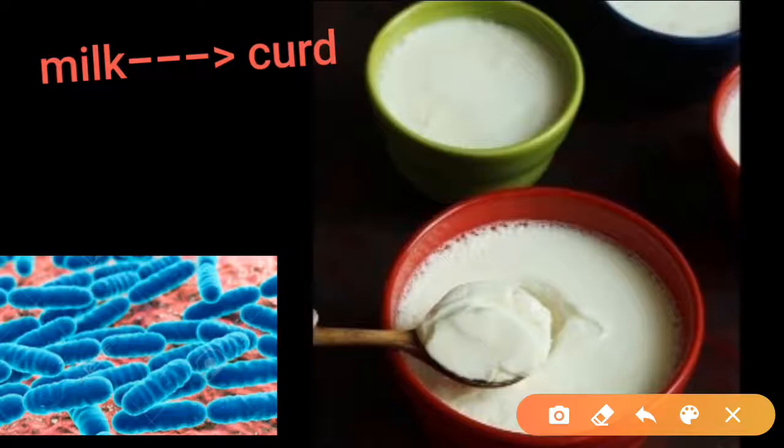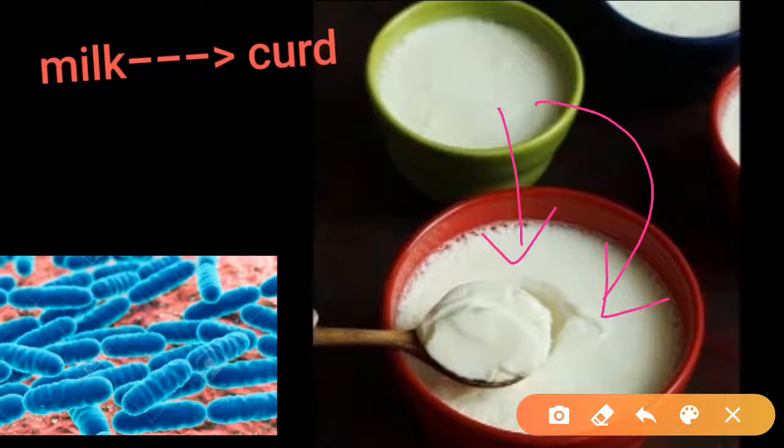Yeah, next one. The next example, curdling of milk. Curdling of milk is also a chemical change. Why? Let me see. Milk turns into curd in this process.